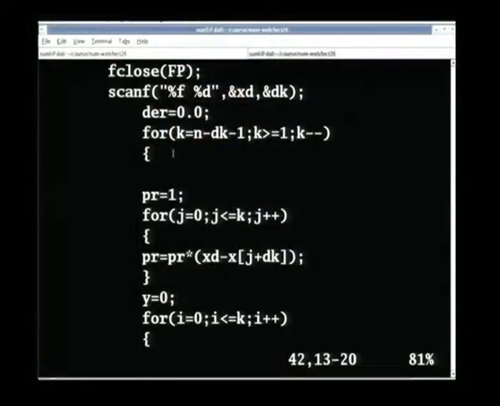So, this is basically the total number of points in the polynomial, which goes from n minus dk minus 1. So, if dk is 0, it goes from n minus 1 to 1. Actually it goes to 0, the 0 term is added separately. So, n minus 1 to 1 in this sum, but if you enter later, then you have fewer terms in this sum and in the polynomial.